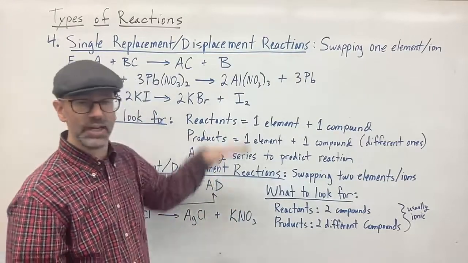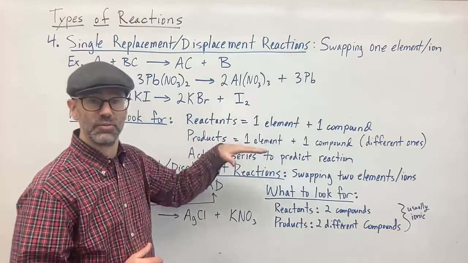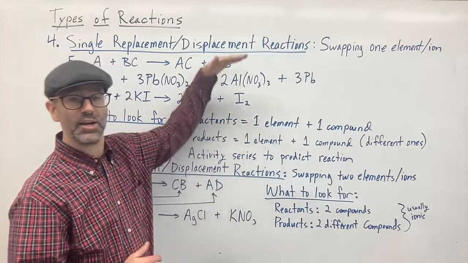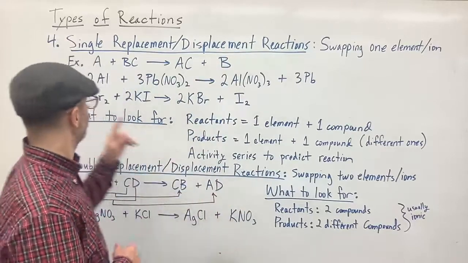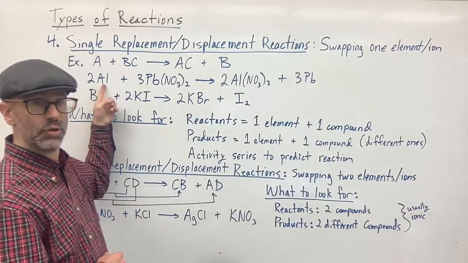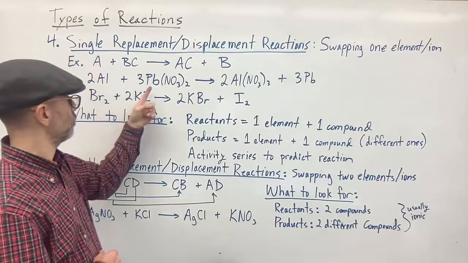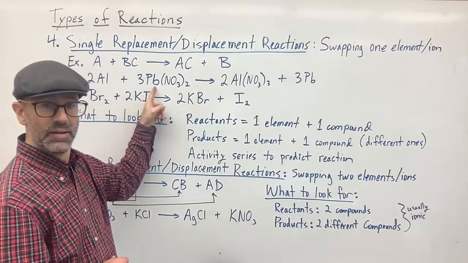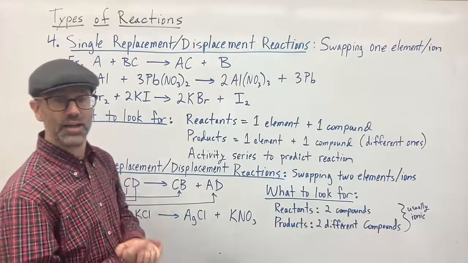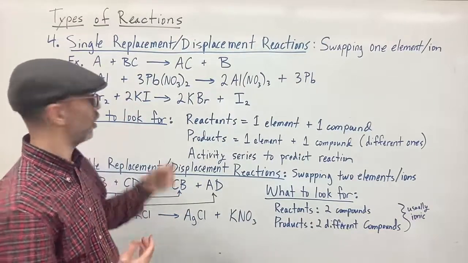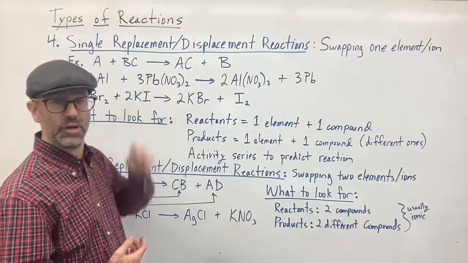So then you'll have a list, and usually the way the list is put is that the higher on the list, the stronger you are. So if you are looking at metals, right, if you want to know if aluminum is going to replace your lead, then you would see, is aluminum higher on this activity series? If so, aluminum would kick off lead.